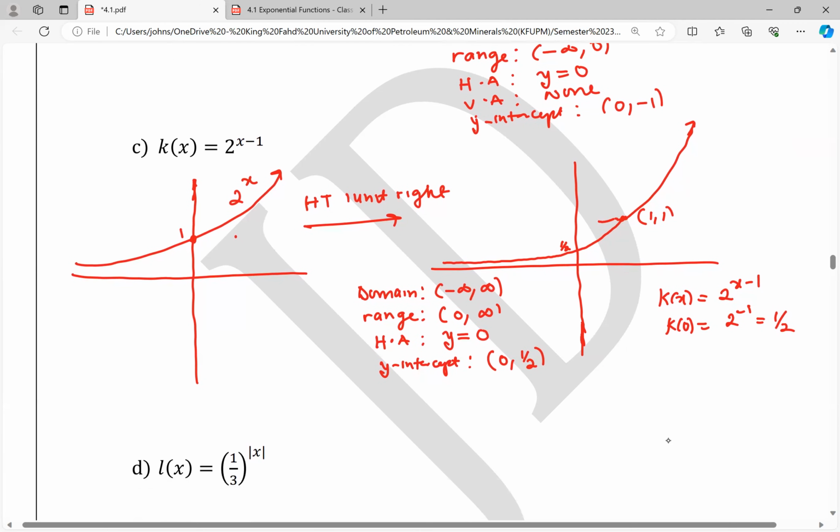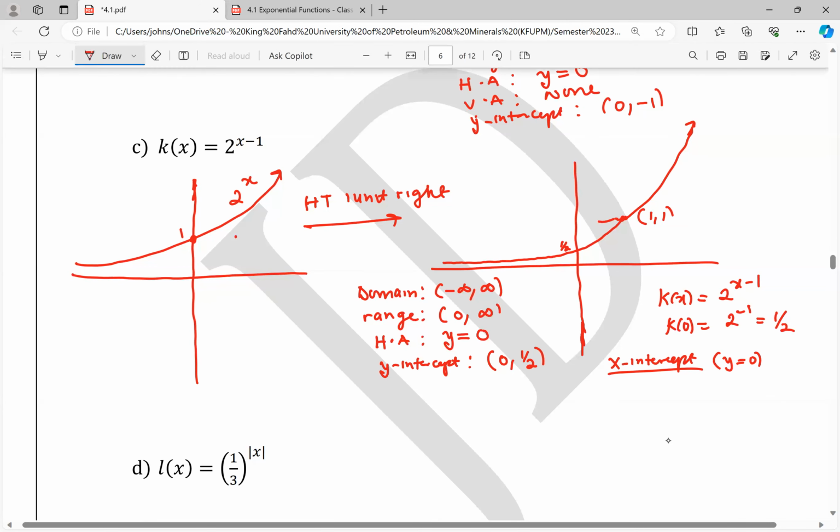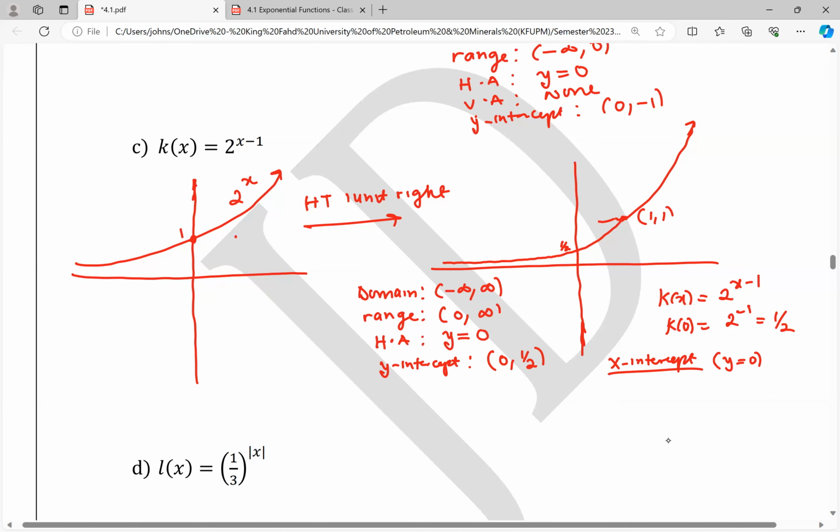Now, does it have an x-intercept? How do you check? We already know from the graph it doesn't have an x-intercept, but if you want to check, remember, x-intercept means you put y equals 0.